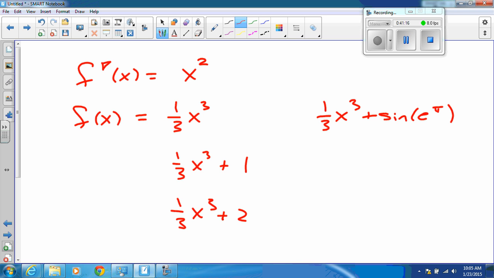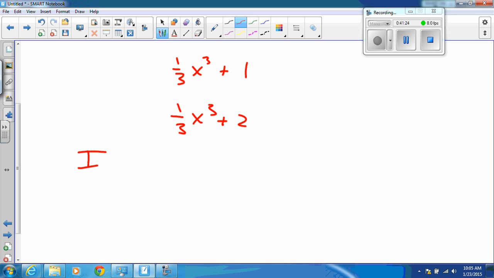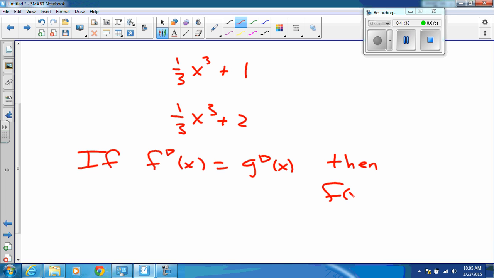The mean value theorem is actually going to answer this question for us, and it's going to do it in this way. It's going to lead us to a theorem that says, if two functions have the same derivative, if f prime is equal to g prime, then f equals g plus a constant.